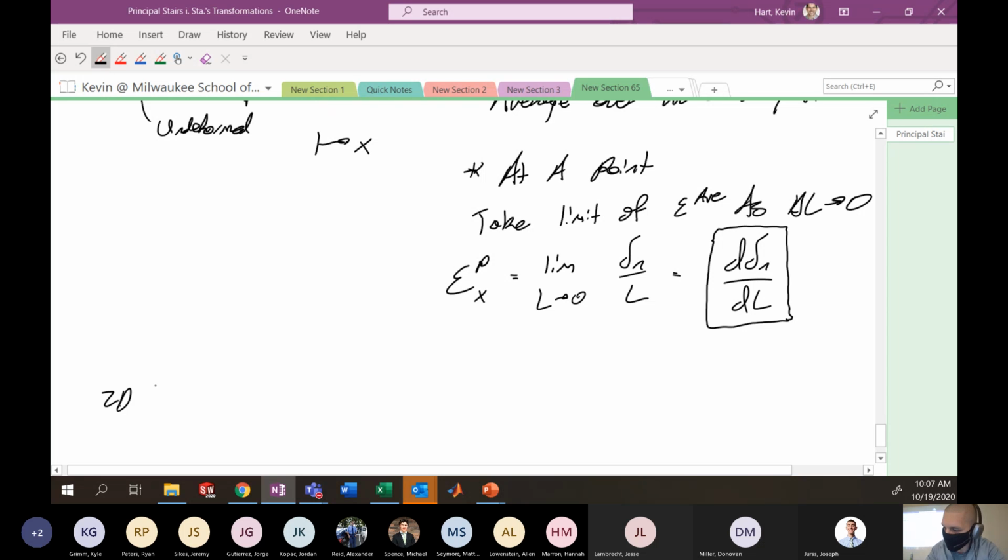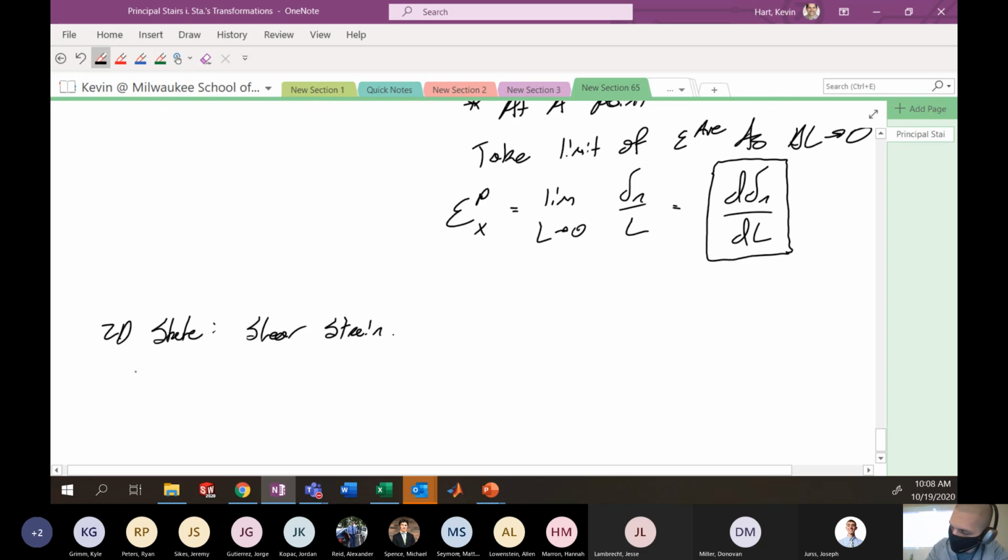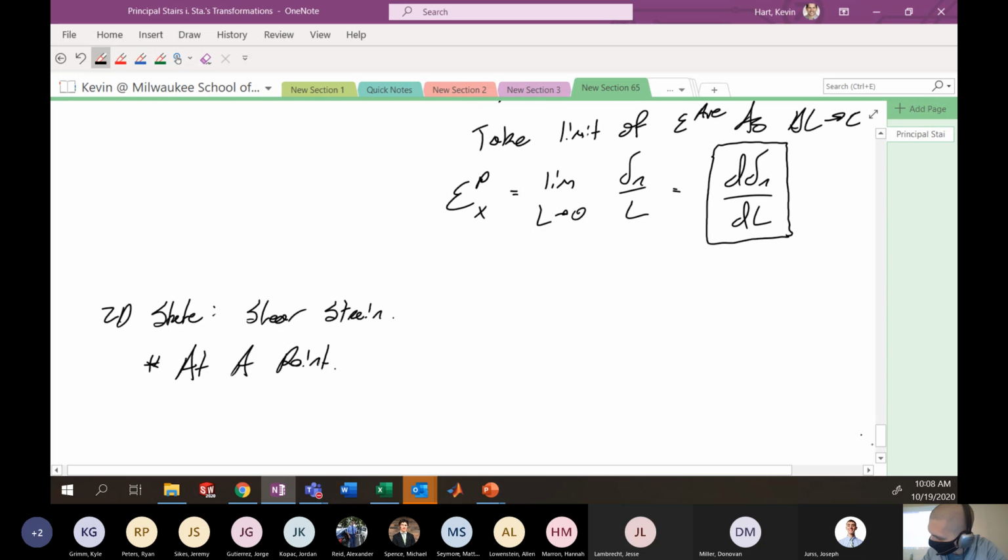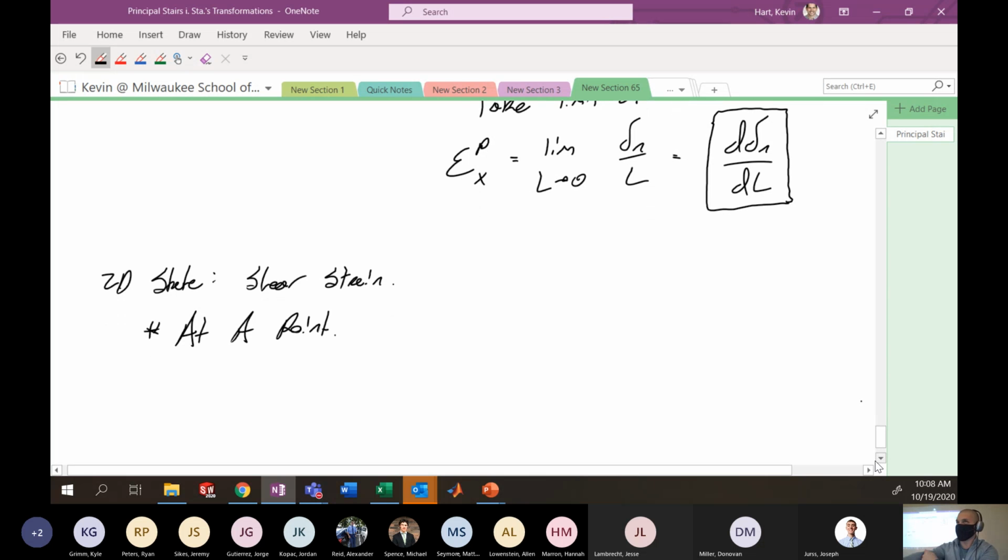So you could also consider a 2D state, which we might examine for shear strain. Okay, and so this is specifically at a point. So at some point you might represent a two-dimensional space with a two-dimensional square element, which you've kind of come to know and love.